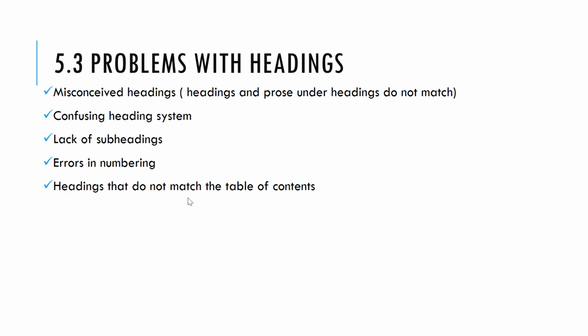And the next problem with headings is headings that do not match the table of contents. This one is quite popular, right? If the numbering of headings within the consecutive prose differs from the numbering in the table of contents that you have done automatically, or if the wording of a heading differs significantly from the table of contents wording, the reader may be misled or become confused.